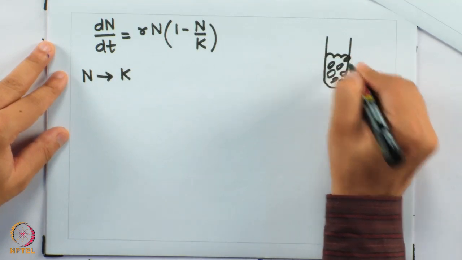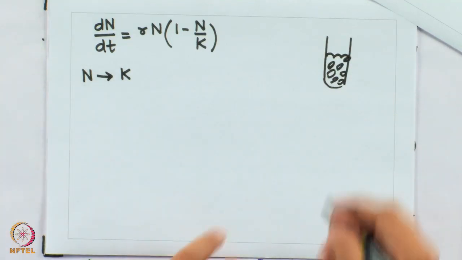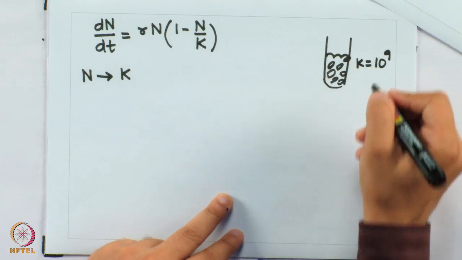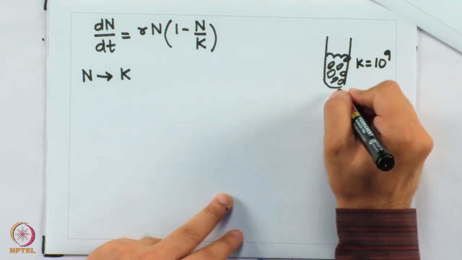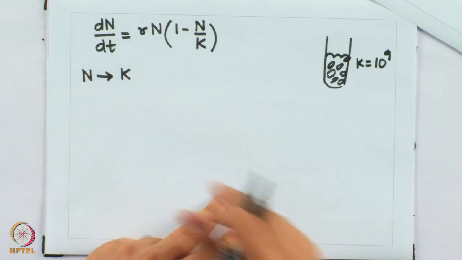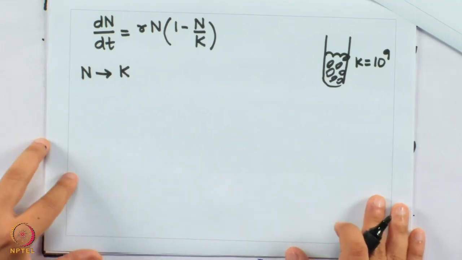So, there is not much room for bacterial growth anymore. K is equal to 10 power 9, which is the maximum number of individuals that can be supported in this environment, and now my number of bacteria is also approaching K.